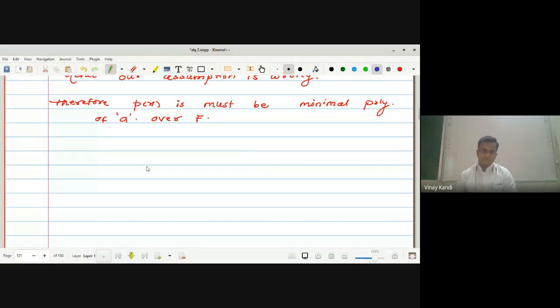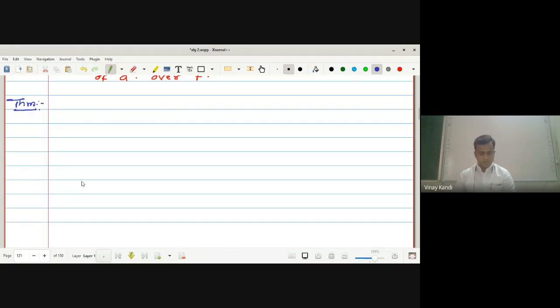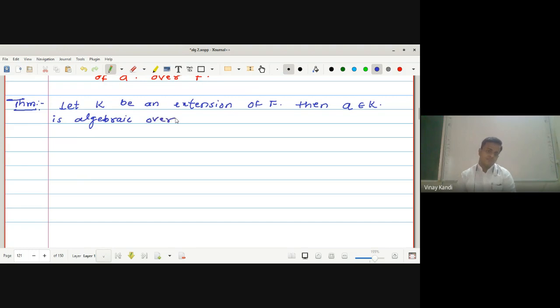Okay. Now the next theorem is: let K be an extension of F, capital F. Then a belongs to K is algebraic over F if and only if capital F of a is a finite extension of F. What does the theorem say?